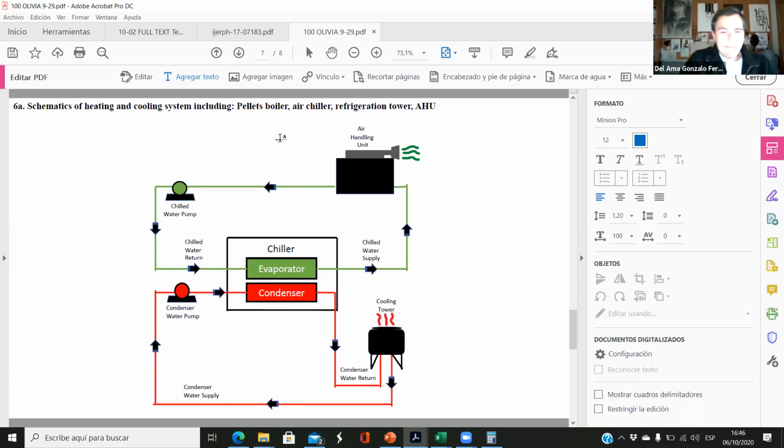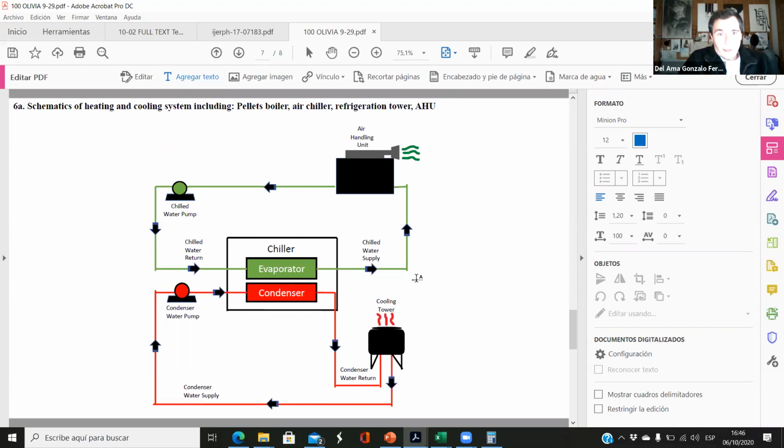For this kind of schematics, the order in theory doesn't matter because mechanical engineers know that the cooling tower should be on the top of the building, on the roof. They assume that this cooling tower is on the top of the building, and they know that the chiller is in the basement.